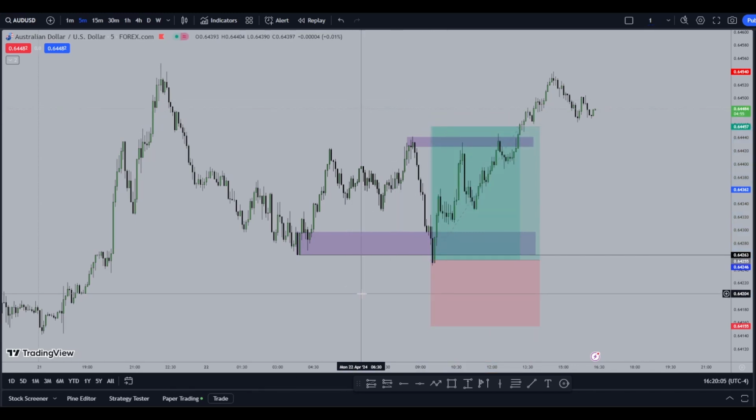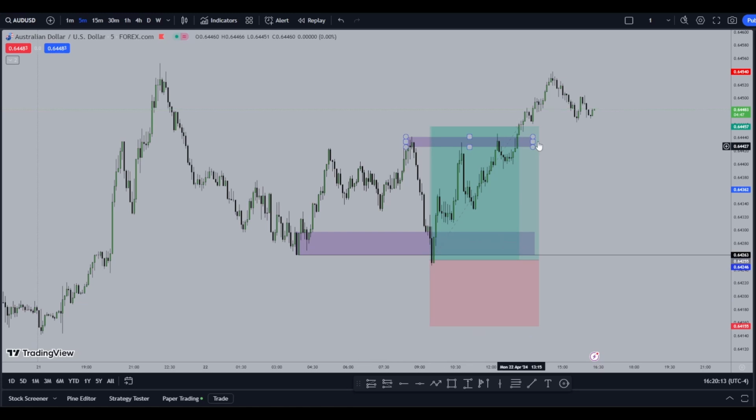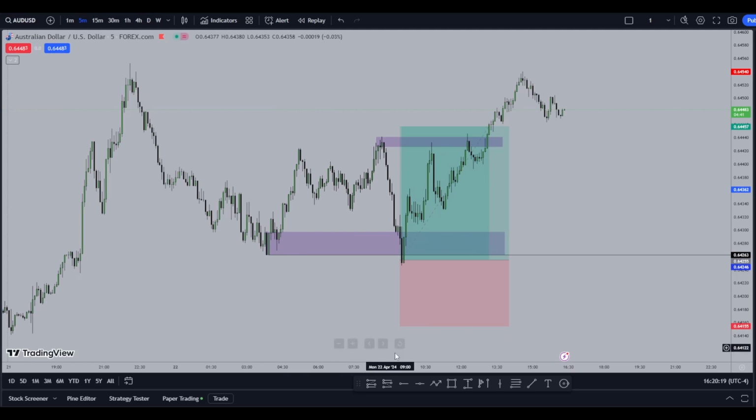Now there are two types of liquidity. One is the liquidity grab, which has happened over here, and another is the liquidity run. If you look closely, the liquidity grab happens when we are against the order flow. So what do I mean by that?